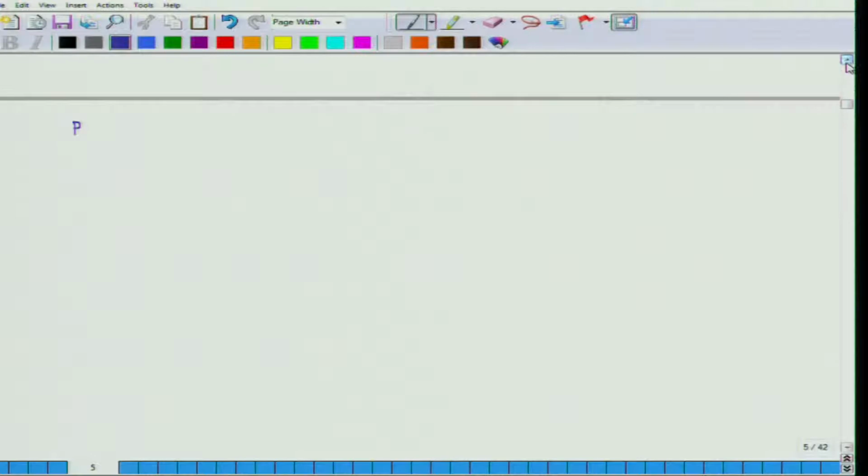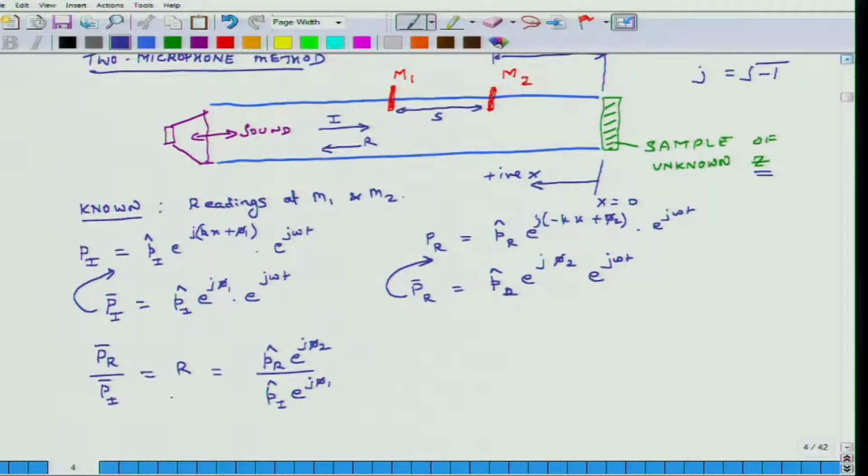So this is my reflection coefficient, and the value of pressure at M1 will be Pi calculated at x equals x1, plus Pr calculated at x equals x1, right? P1, which is at the M1 location, will basically be Pi at x1 plus Pr at x1. Similarly, I can calculate pressure at location 2 for mic 2.